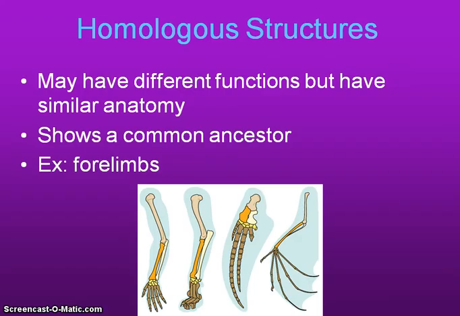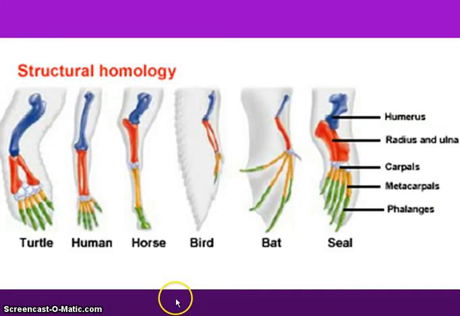Homologous structures are the next piece of evidence for evolution, and homologous structures are pieces of anatomy that have different functions but a similar structure. So, for instance, the forelimbs of organisms. Here's a little bit better picture. This is a turtle, a human, a horse, a bird, a bat, and a seal. Obviously, our forelimbs on the outside look very different.